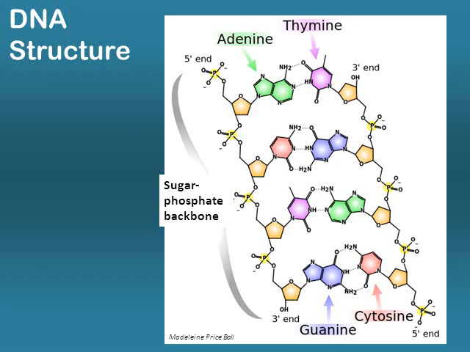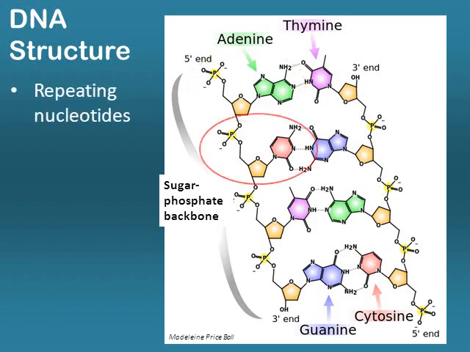Okay, so let's take a look at the overall structure of DNA. I want to break down this figure for you into smaller pieces. First, notice the repeating nucleotides, the structure we just looked at, and how it repeats over and over again: the phosphate group, the 5-carbon sugar, and the nitrogen-containing base.